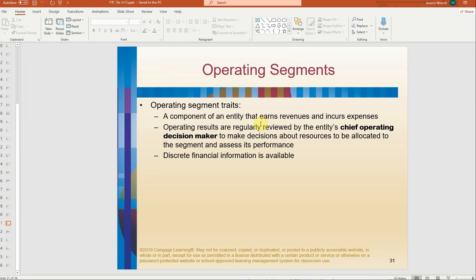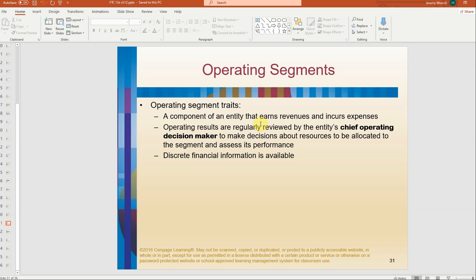And so what we need to do is go through and identify our operating segments, and then once we've identified them, figure out which ones we need to report. When it comes to defining an operating segment, a lot of it is up to the discretion of the company, how the company is structured, and what it sees as valuable operating segments.